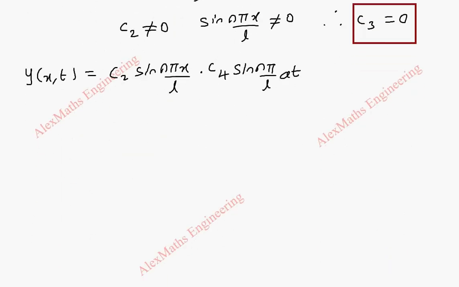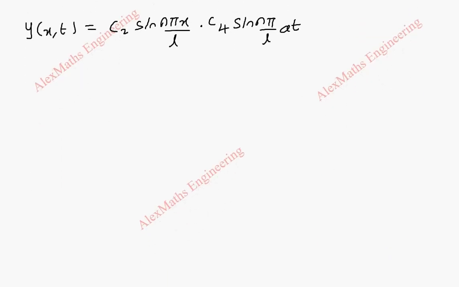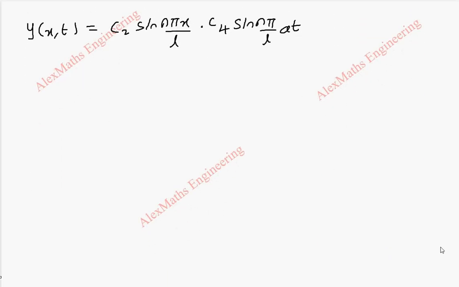Now we are going to combine both the constants c2 and c4 into a single constant cn, and we have cn sin(n pi x by L) into sin(n pi by L at). This is y(x, t).